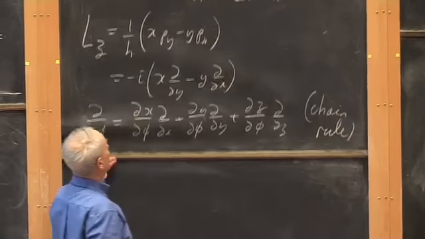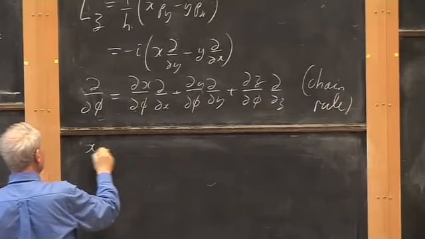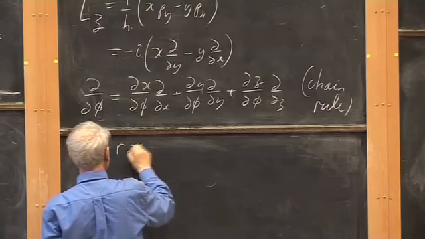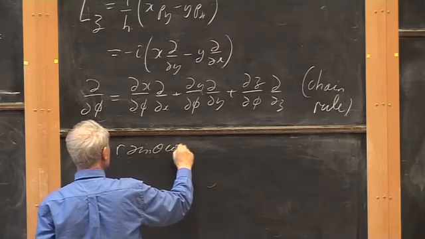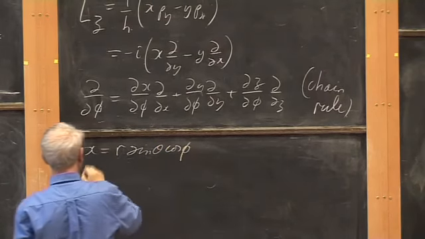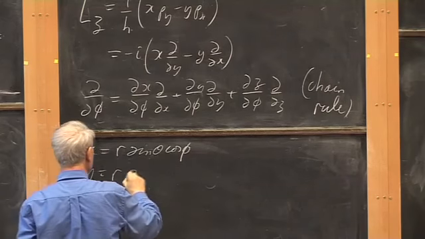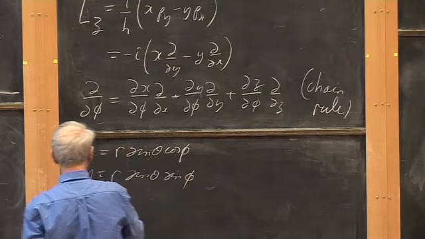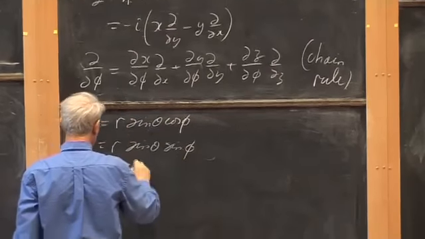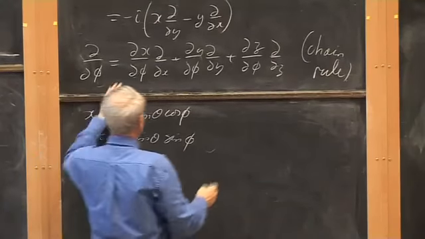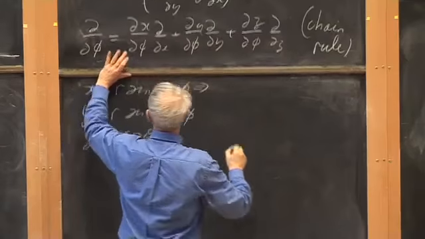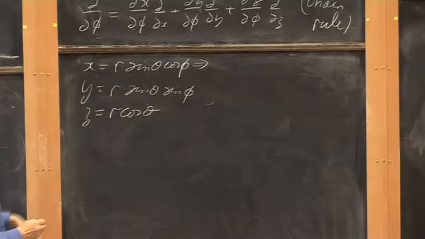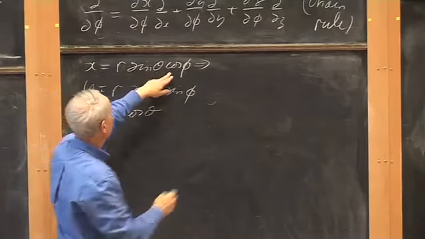Now we put in what x, y, and z are. We know that x in polar coordinates is r sin theta cos phi. We know that y is r sin theta sin phi. And we know that z is r cos theta. So take a derivative of this with respect to phi.